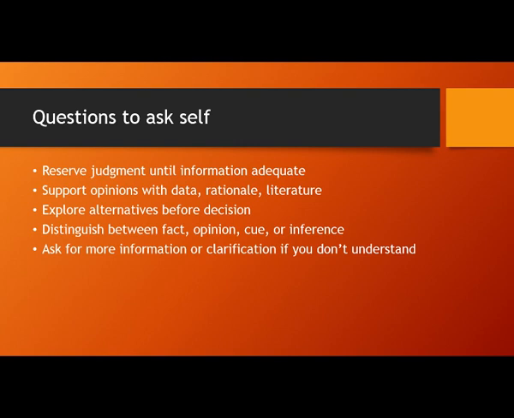A cue is not a fact or an opinion, but it's something that's pointing you in a direction. It's like a clue. Think cue as clue. It's kind of a clue pointing you in the right direction, but it could also lead you off track. And an inference is something where, based on something you see or hear, you infer something that you don't see or hear, but that's based on that.